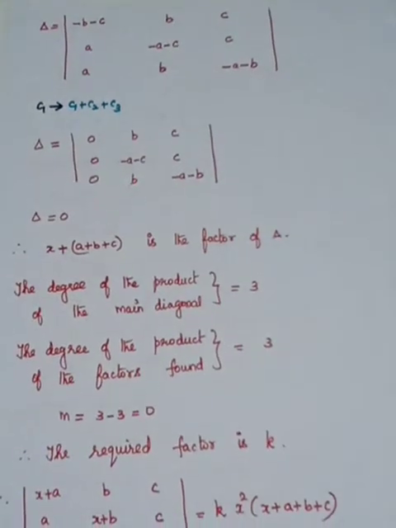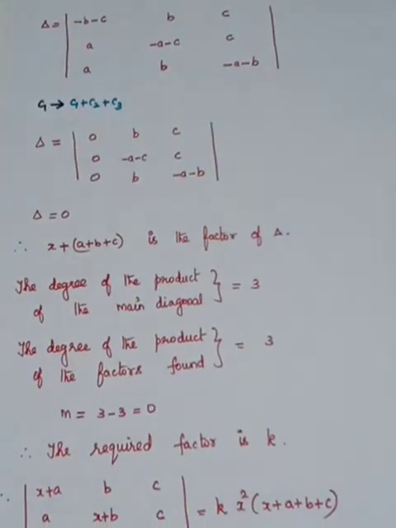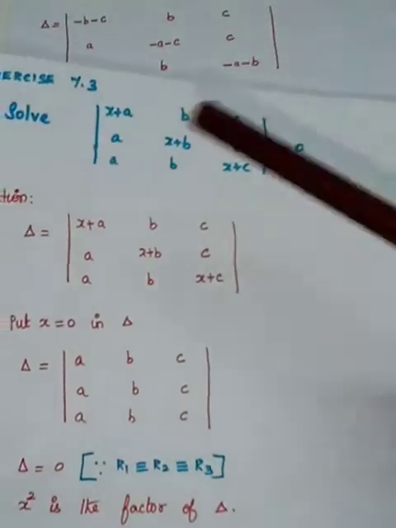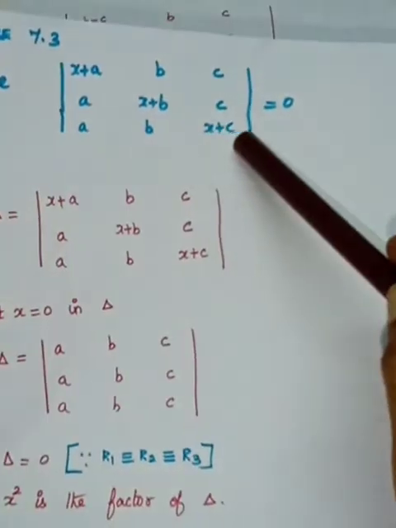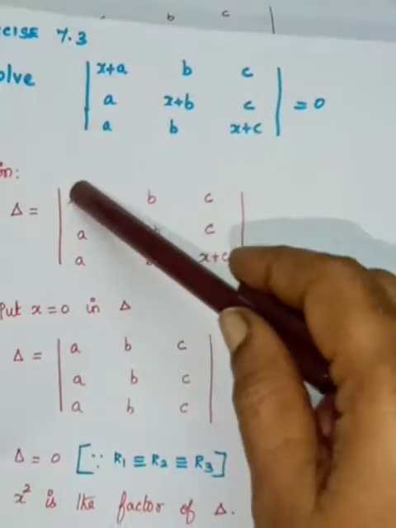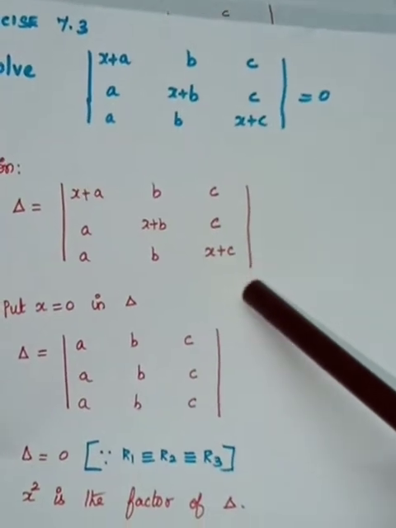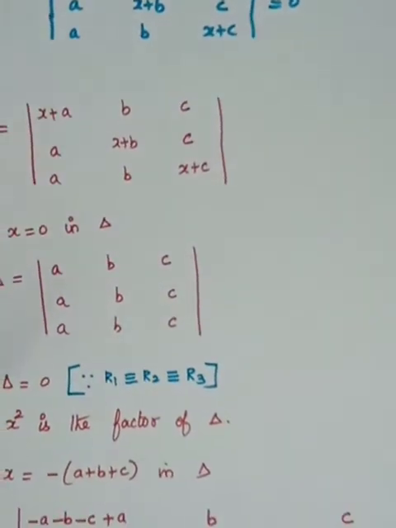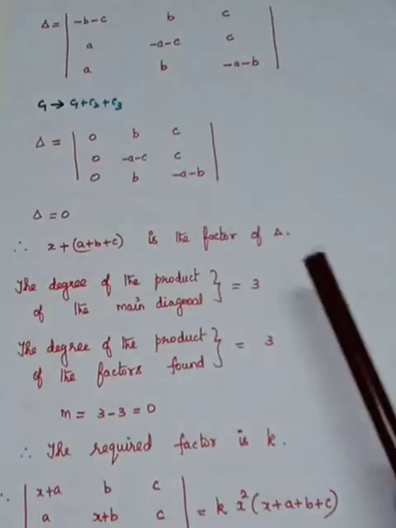So next step, what do you have to do? We are using the factor theorem. Is there any other factor remaining? We have to check. For that, you have to find the degree of the product of the main diagonal elements, that is (x plus a)(x plus b)(x plus c), whose degree is 3.